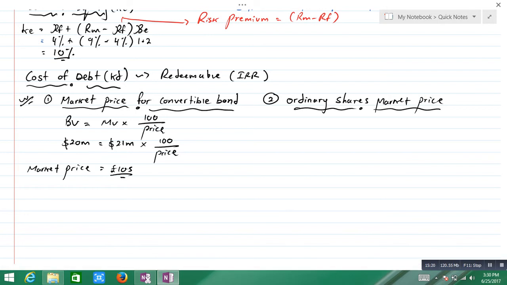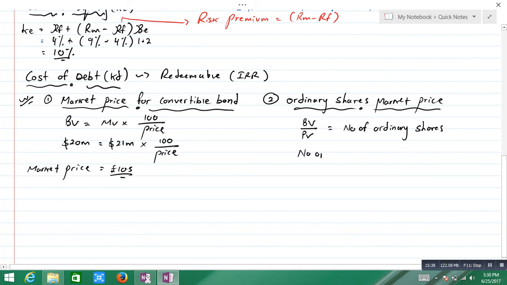We take book value divided by par value to get the number of ordinary shares, and then number of ordinary shares times market price gives market value.